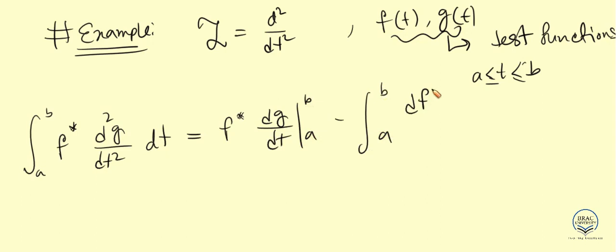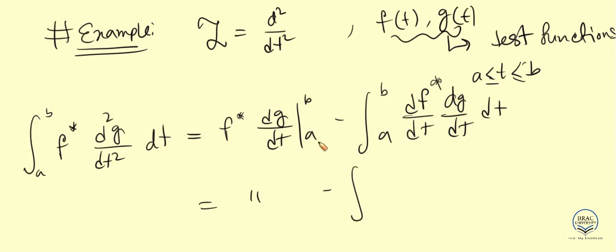You will have the derivative operator, because if you integrate it by parts once, then you will have to leave whatever this dg dt is, and you will have to find the derivative of this f star. So finally you'll have df star dt, dg dt, and dt over here. And here you have to integrate it by parts again. So let me just put this sign for saying that this term is over there. These are the boundary terms.